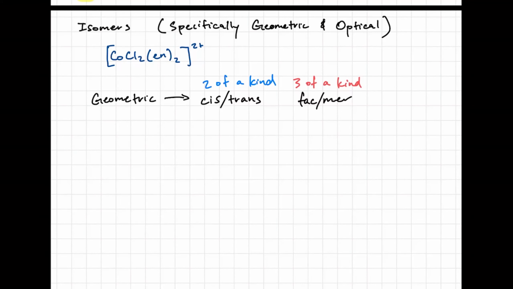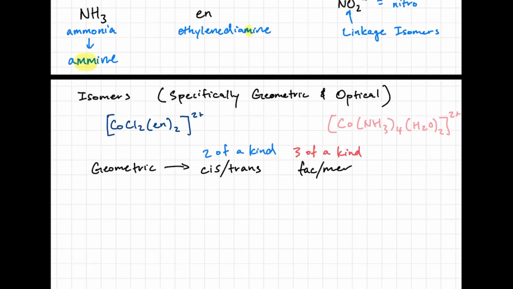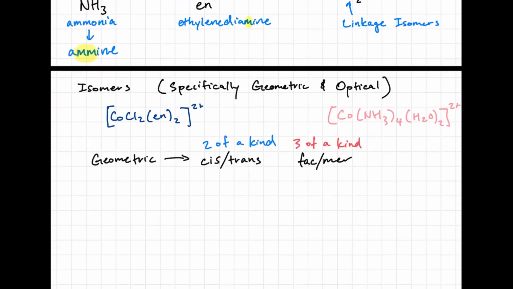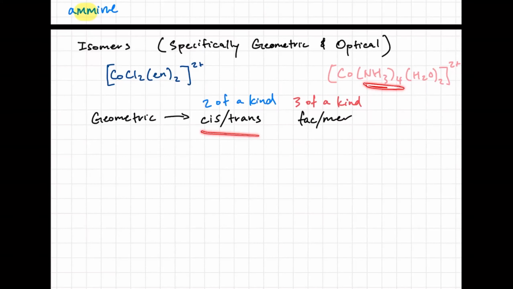So if you had something like this, the NH3 here, the amine, again, 2 M's, the amine here will not have cis-trans or FACMER. It's the water that will be cis or trans.